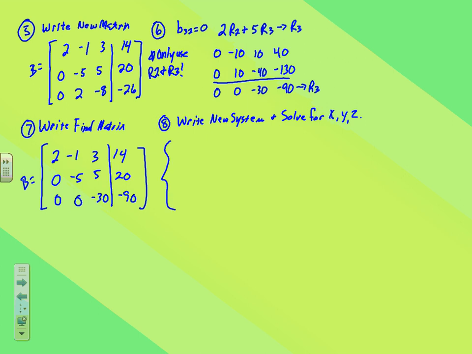In my equations, my first row is going to be 2x minus y plus 3z equal to 14. Now I have negative 5y plus 5z equal to 20. And then finally, negative 30z equal to negative 90. So again, we're going to solve for z first.